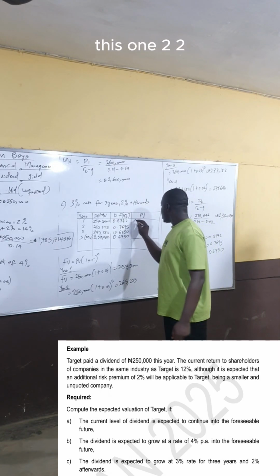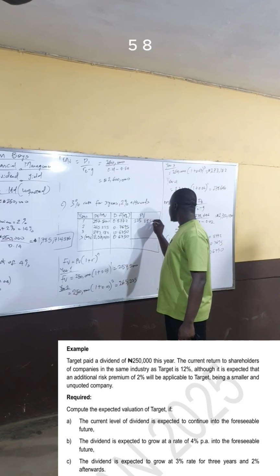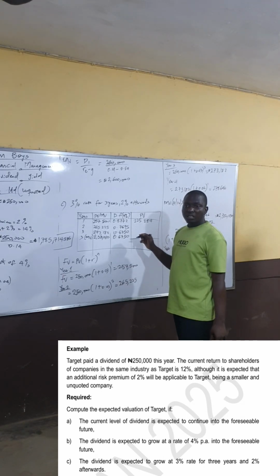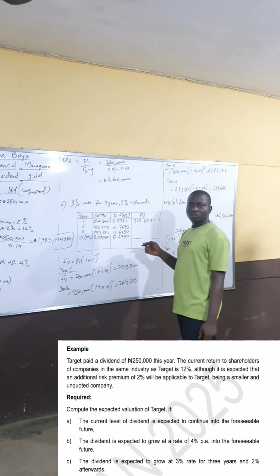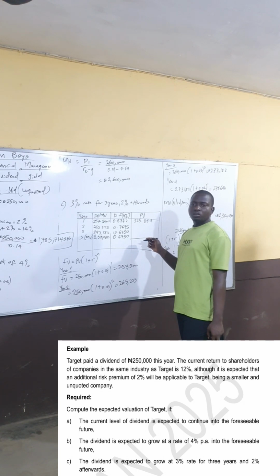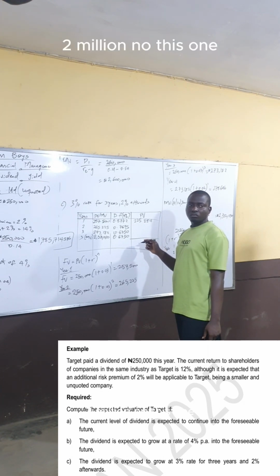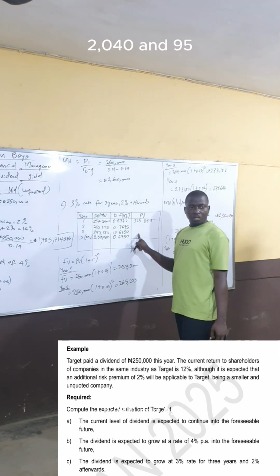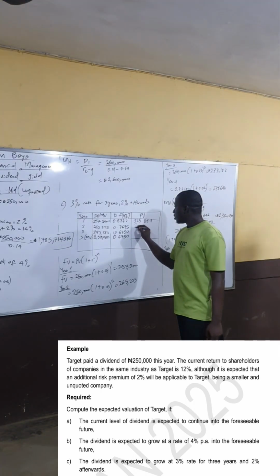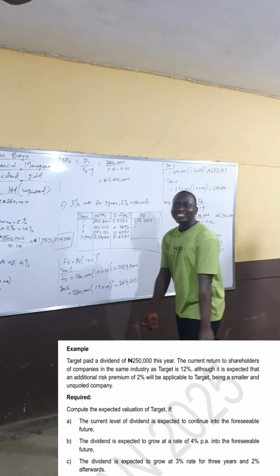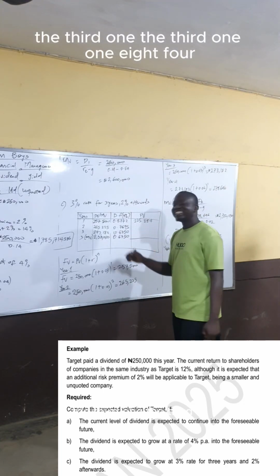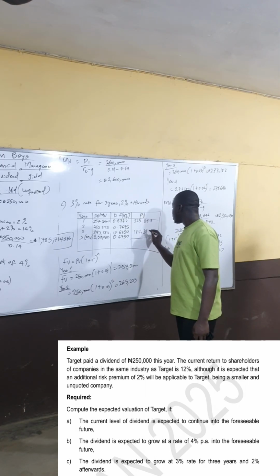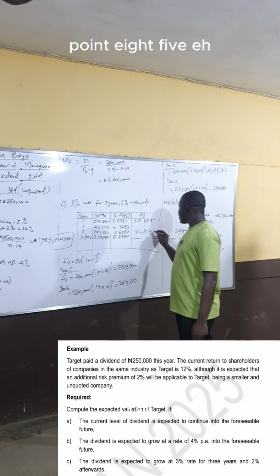This one, 225,884.15. Down. No, it's not this one. The second one is 204,090. The third one, 184,397.85.